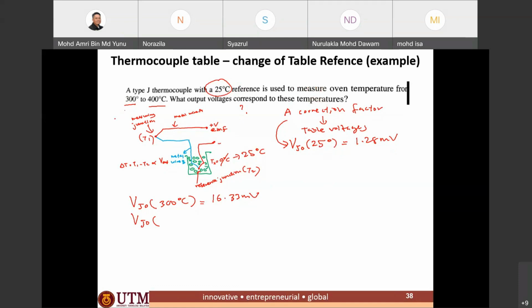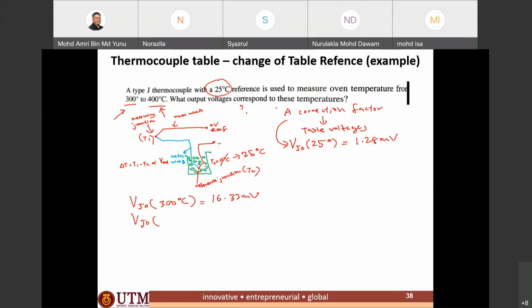In this case, there are two values for which you want to know the output, at 300 degrees Celsius and 400 degrees Celsius. But if we find the values for 300 and 400 degrees Celsius directly on the table, they correspond to the junction being at 0 degrees Celsius. So we need to apply a correction factor on the output value.